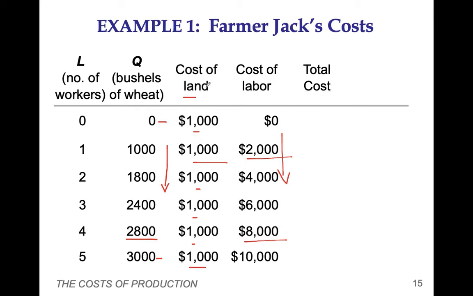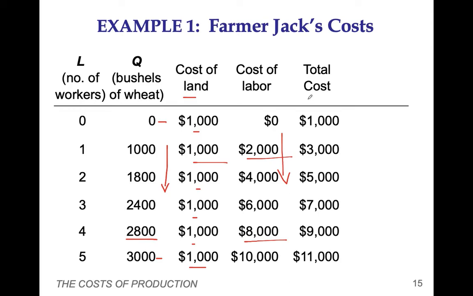So here we have a cost of land that does not change with the quantity of output. We call this cost fixed cost. And we have here a cost of labor that changes with the quantity of production. We call this cost a variable cost. And here we have total cost. Total cost, of course, is the sum of all costs here: cost of land and cost of labor.